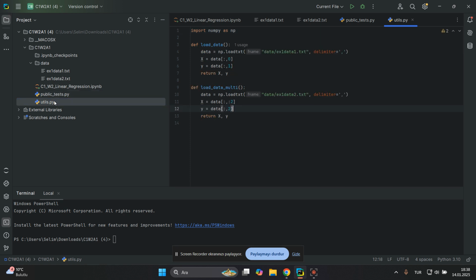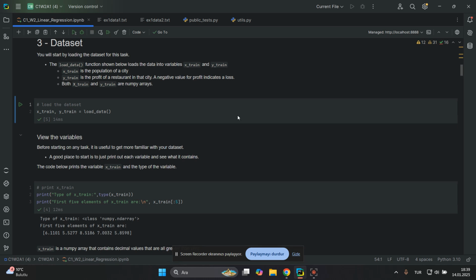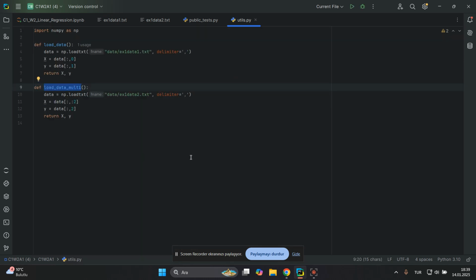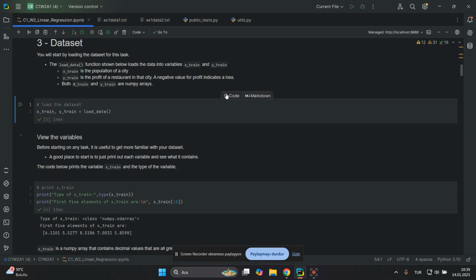It could be in here. Yes, right here. Load data makes X-train and Y-train, and from utils we're just importing these things in here.